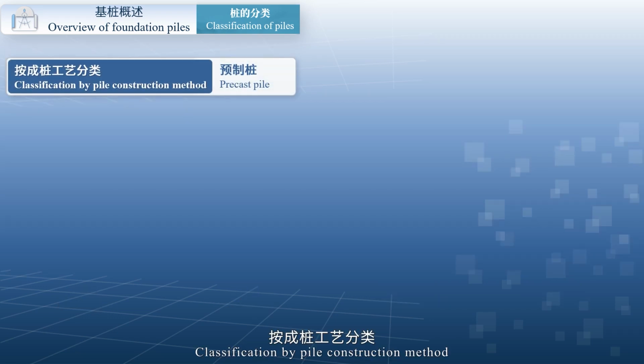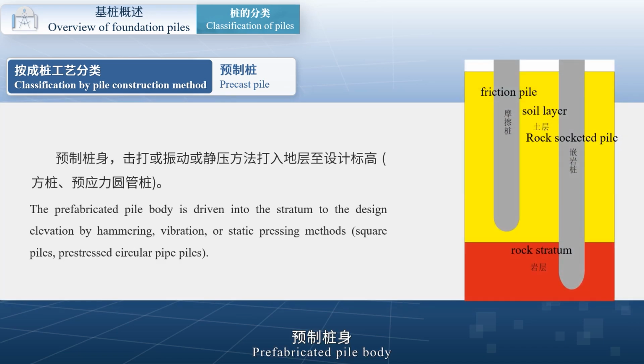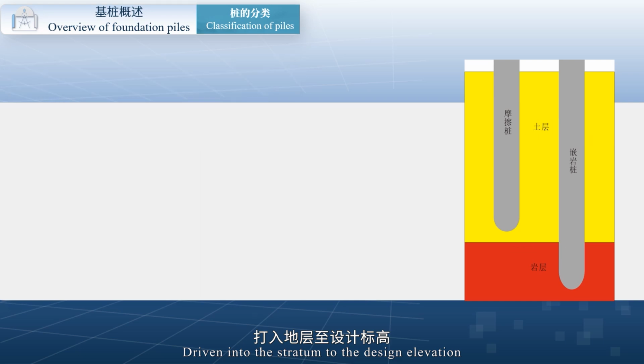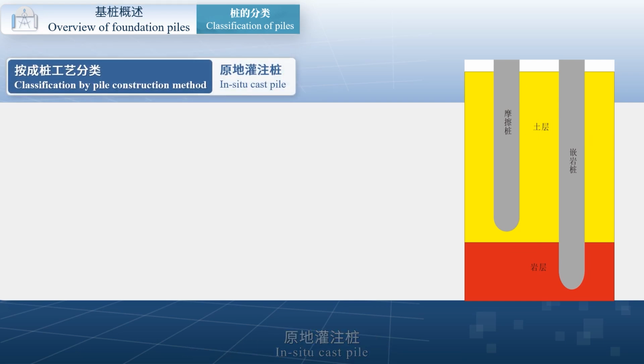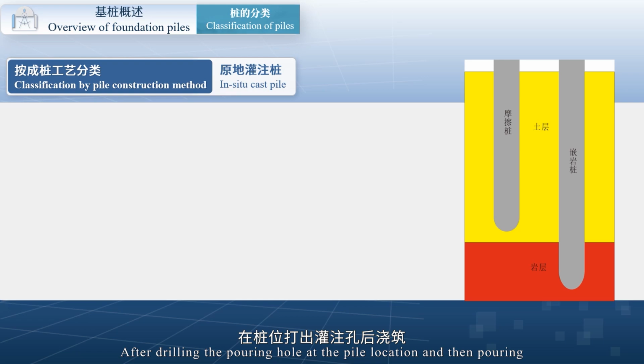Classification by pile construction method: precast pile, where the pile body is prefabricated and driven into the stratum to the design elevation by striking, vibration, or static pressure methods. In situ cast pile, where a pouring hole is drilled at the pile location and then concrete is poured.